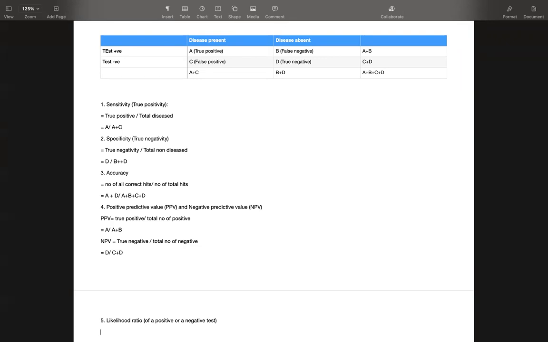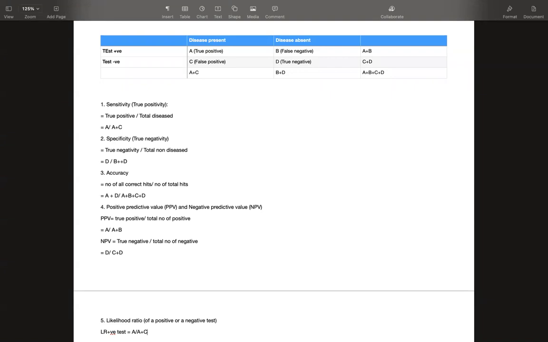The formula is A by A plus C, which is sensitivity, divided by B by B plus D. D by B plus D was specificity, but B by B plus D would be 1 minus specificity.